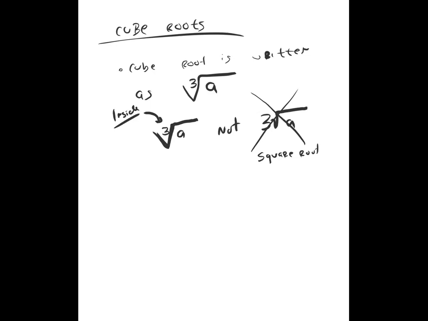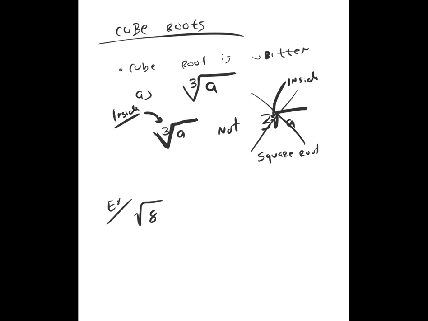Here you can clearly see there is nothing inside there. When there is nothing inside, it's square root. But it is similar to square root. Square root meant what number can you multiply by itself twice?